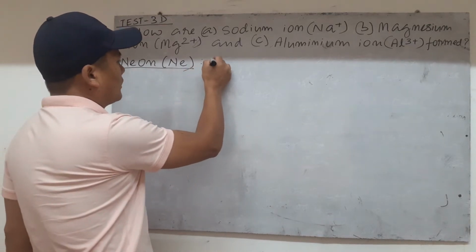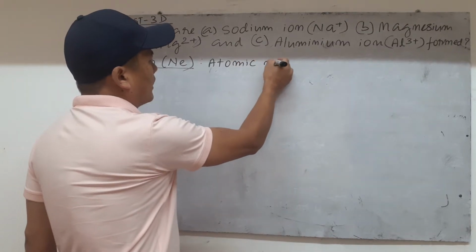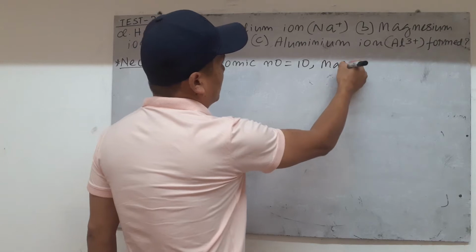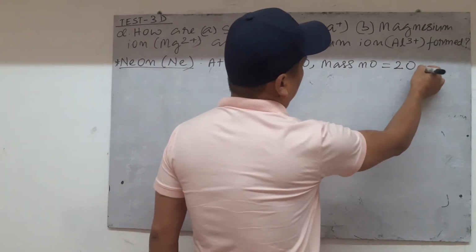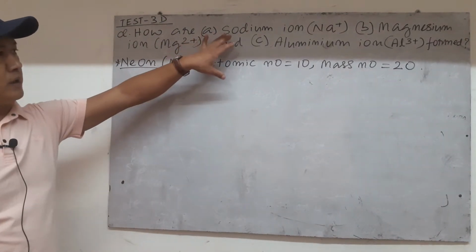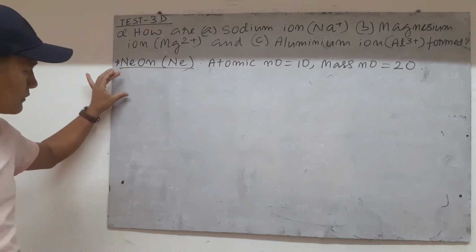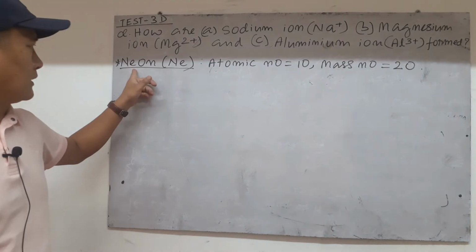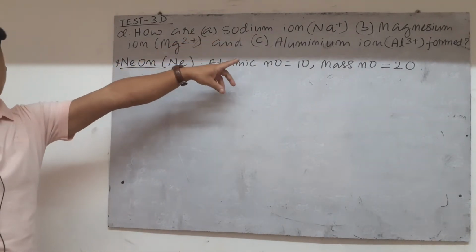For neon, the atomic number is 10 and its mass number, write it down along with me, is 20. To clearly understand how sodium, magnesium and aluminium ions are formed, let's first understand the atomic structure of a noble gas, that is neon, because it's related to how these ions are formed.